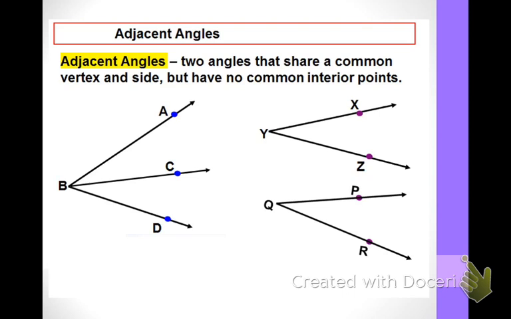That is the first term at the top of your page. And I will explain it.